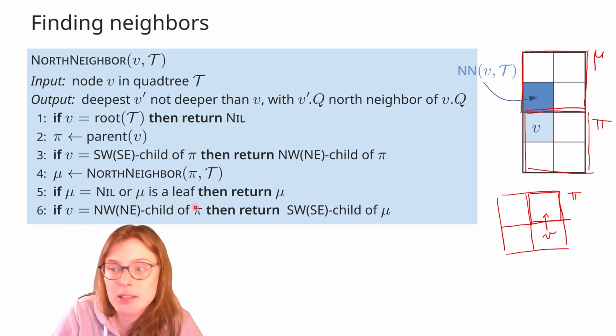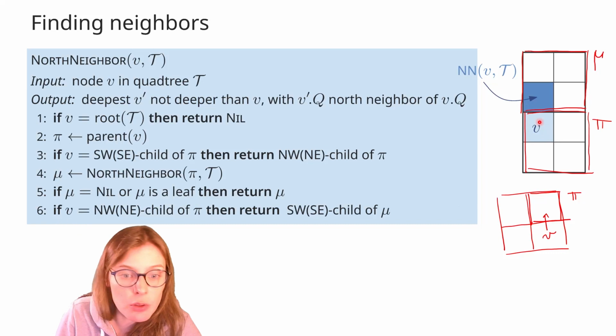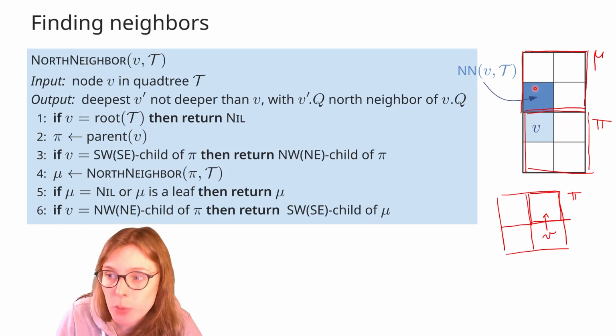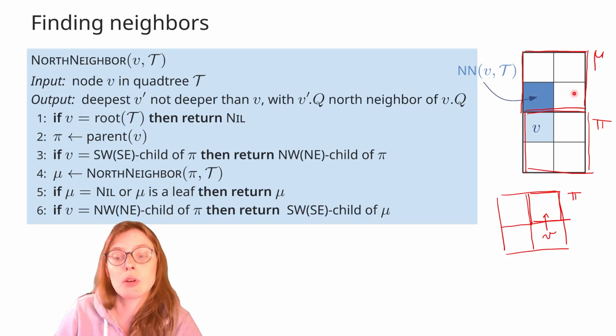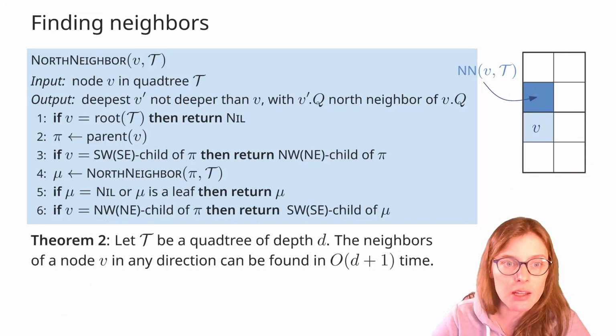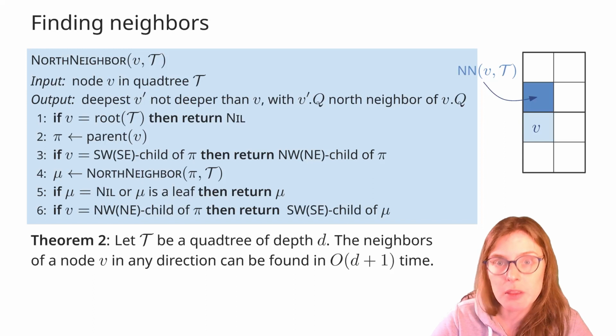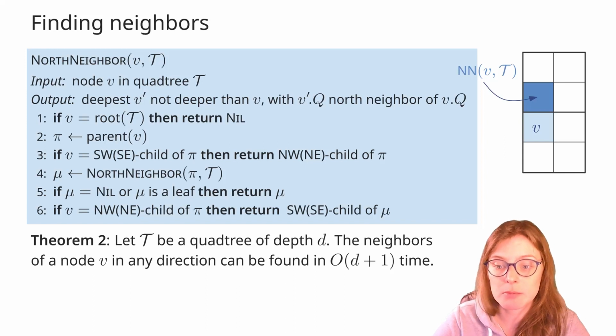Or else, depending on whether v was northwestern or northeastern child of pi, we return southwestern or southeastern child of mu. The following theorem shows the analysis of the running time of this algorithm. If our quadtree has depth d, then a neighbor in any direction of a node v can be found in big O of d+1 time.